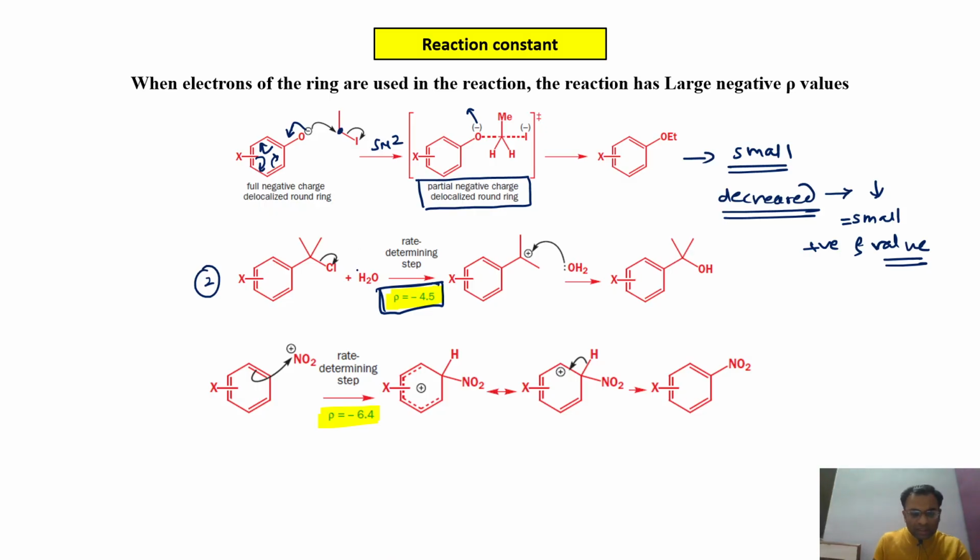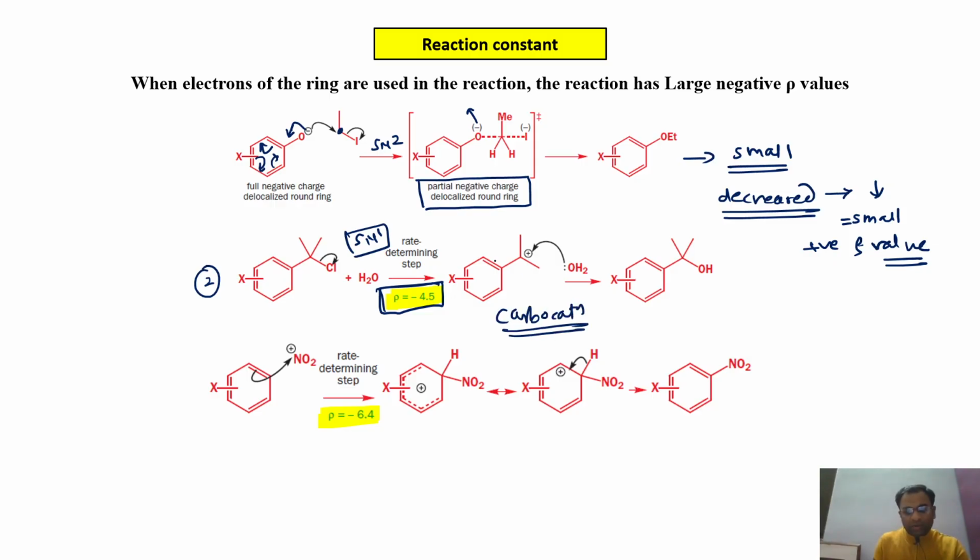This is because this is a simple example of an SN1 reaction. In this SN1 reaction, the tertiary aryl chloride undergoes solvolysis or hydrolysis and forms a carbocation.